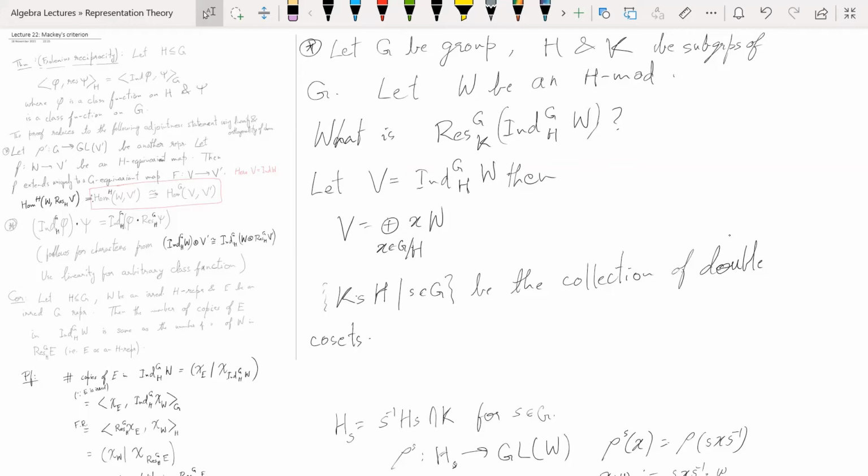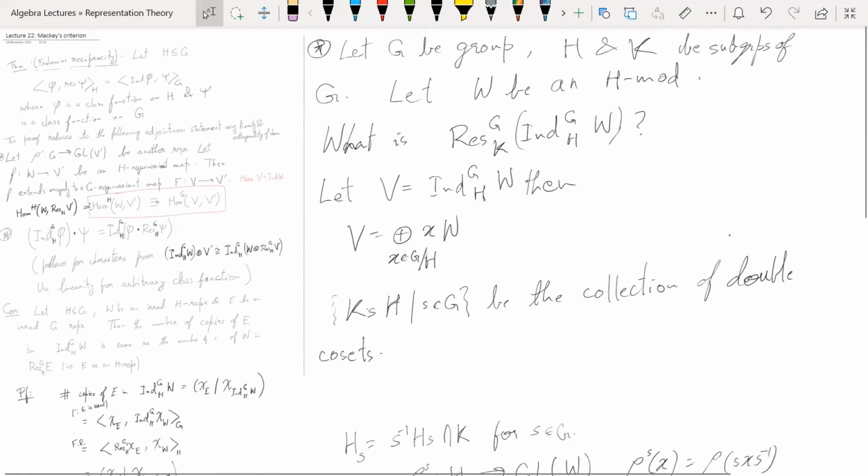Say G is a group, H and K are two subgroups of G, and let W be an H representation, an H module. You can induce it to G and get a G representation, and then restrict it to K to get a K representation. We want to understand what this gadget is.